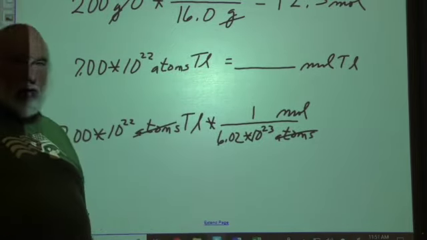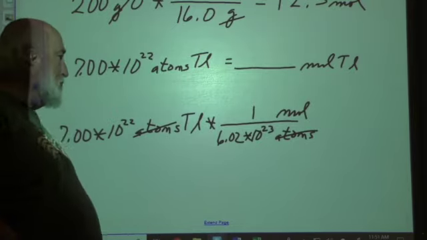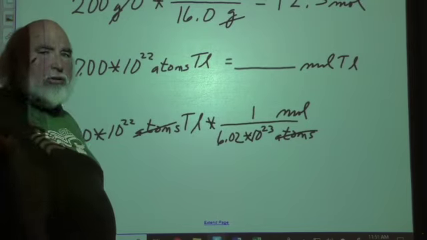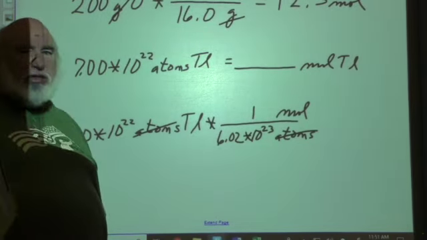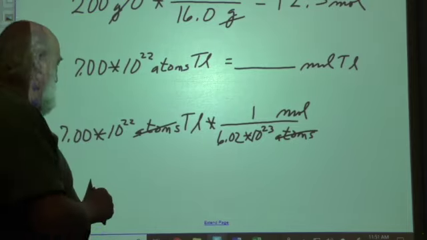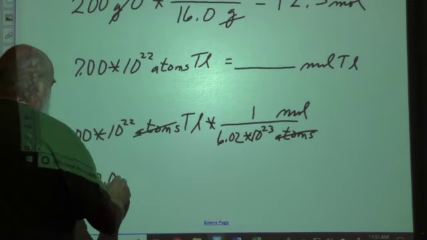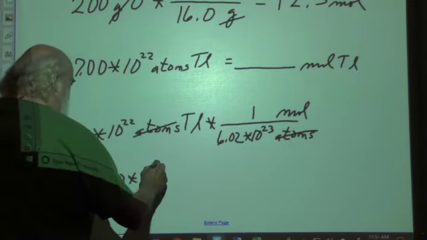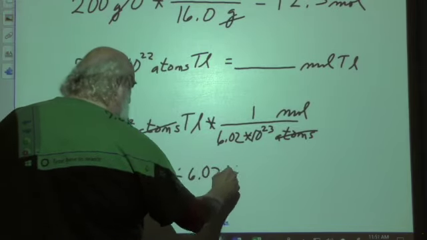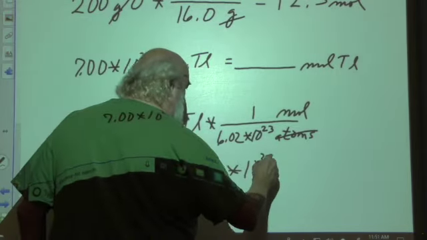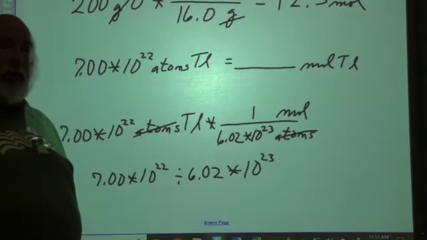We have an issue here. We've got to be careful. And here's the issue. Your calculators are not as smart as you think they are. They will do exactly what you tell them to do. If you type this in your calculator like this, 7.00 times 10 to the 22nd divided by 6.02 times 10 to the 23rd, the calculator is not a mind reader.